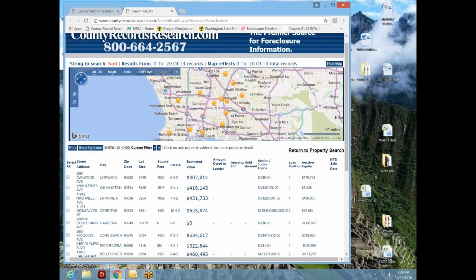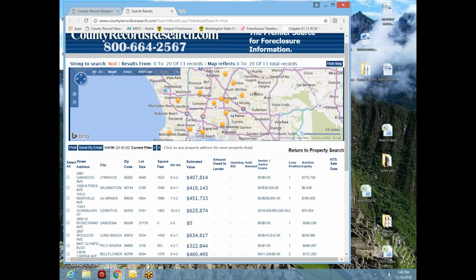Now, this group of properties above the map, notice the map reflects 0 to 20 of 13 total records. Because remember, I picked a very short date range, just today, so this number of records only reflects the brand new notices of default we got in the South Bay today.